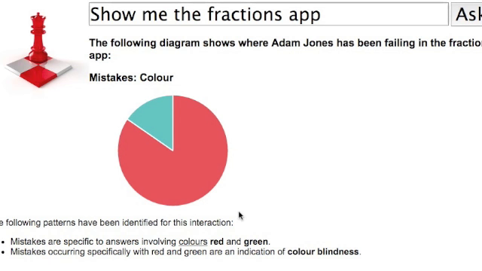So in this example, although the problem may initially appear to be about not being able to correctly calculate the top part of a fraction, further analysis produced by the Classroom Intelligence tool highlights that the problem may actually be something completely different, such as colour blindness, which in this case may present itself as a problem to do with fractions instead of recognising colours.